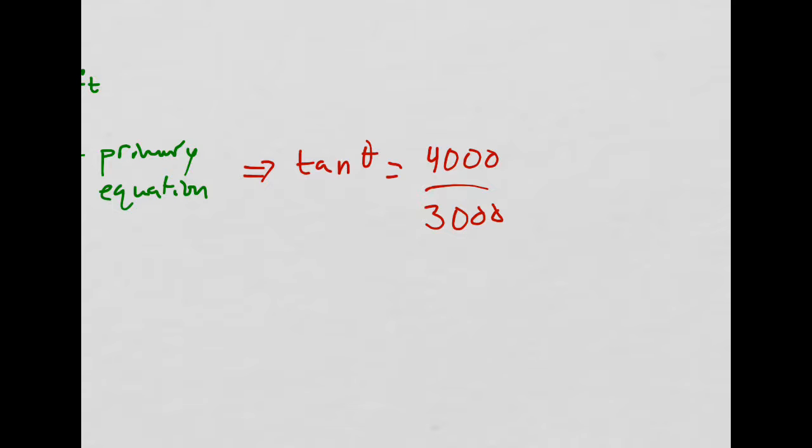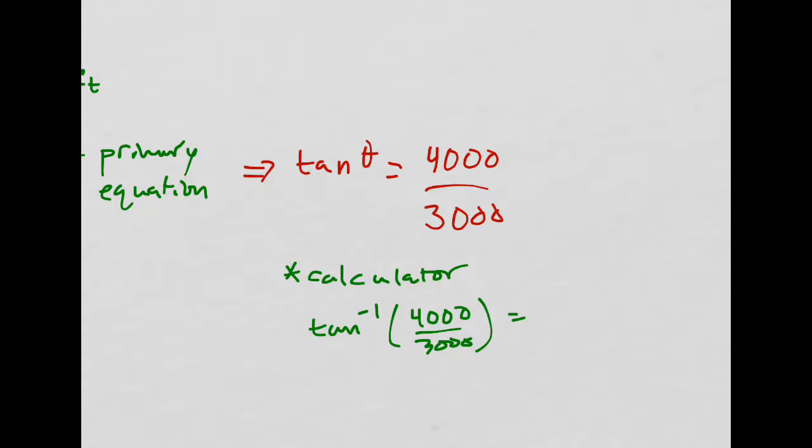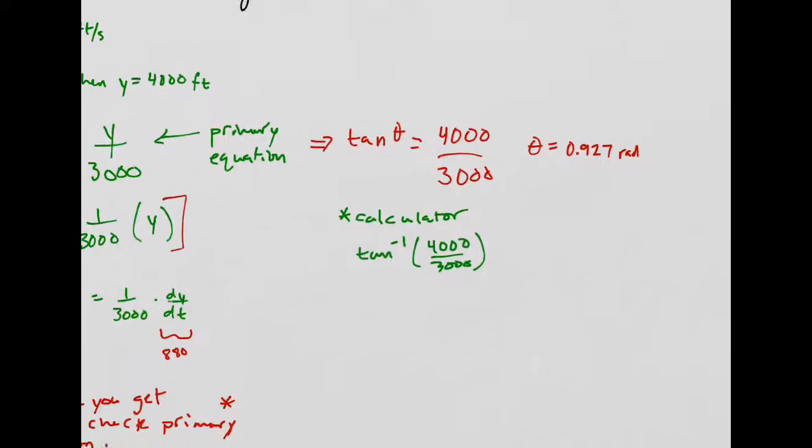So if we use the calculator, we get that theta equals, I'm going to be in radians, 0.927 radians. I rounded to the third decimal place. So there we go. Theta's that.